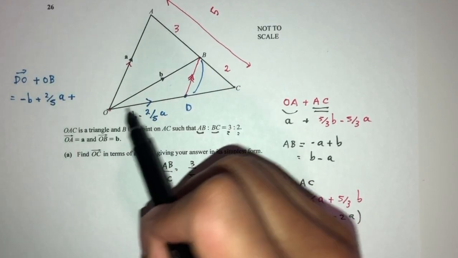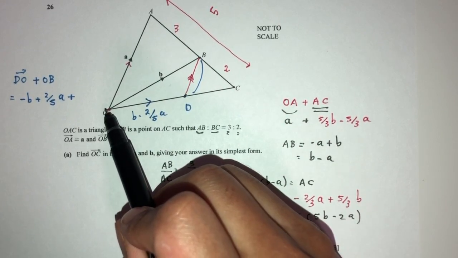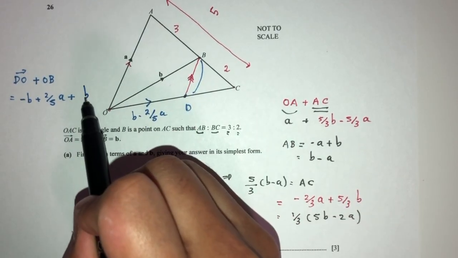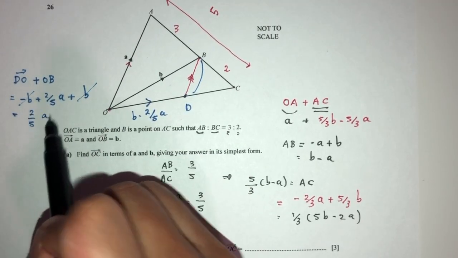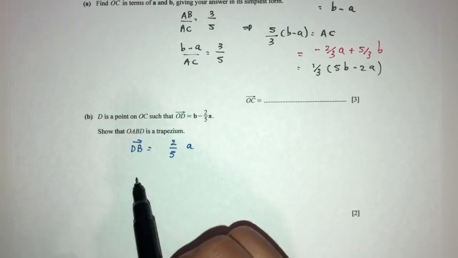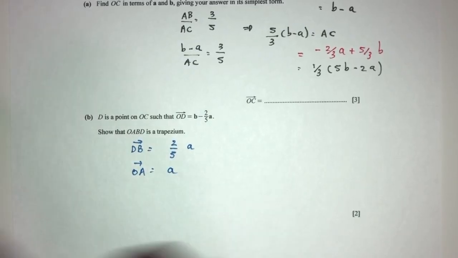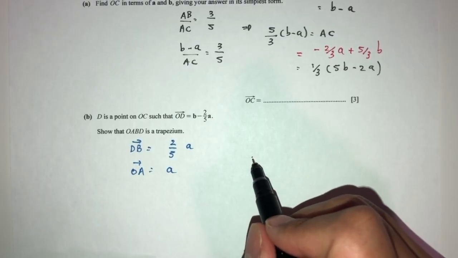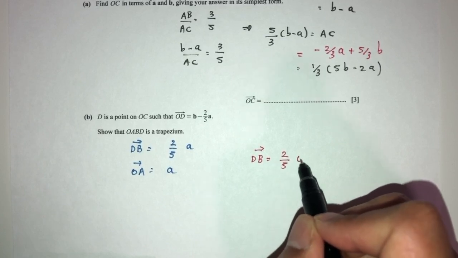Plus OB. The value of OB is simply what? OB is given to you by the value of B. So this and this will cancel out. You will have 2 over 5A. So DB is 2 over 5A, and OA is just A. As you can see clearly, DB is a multiple of OA.